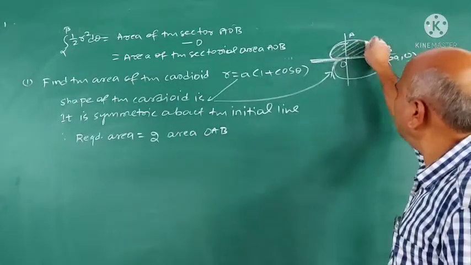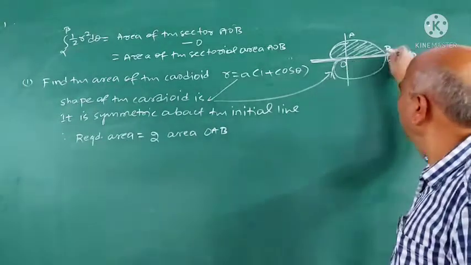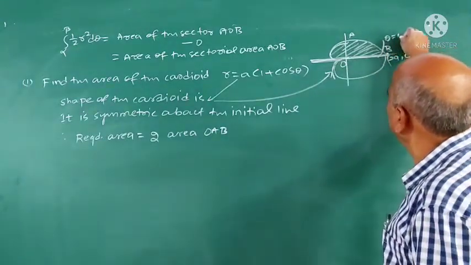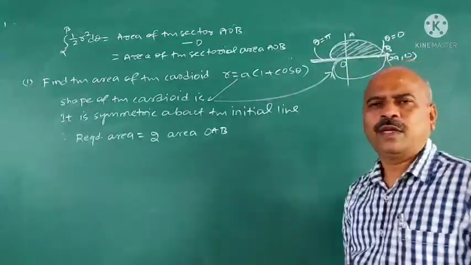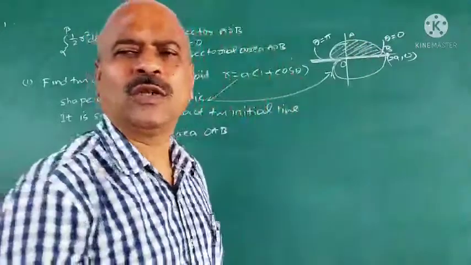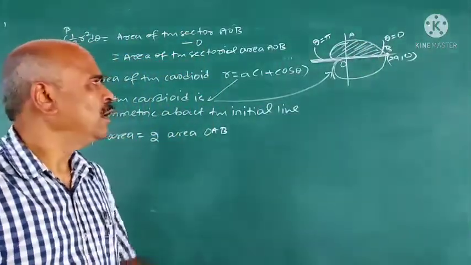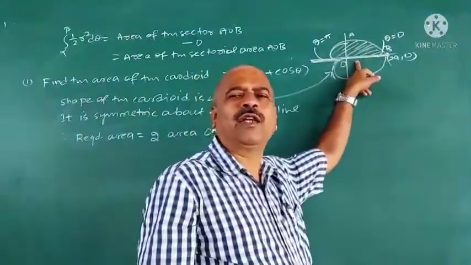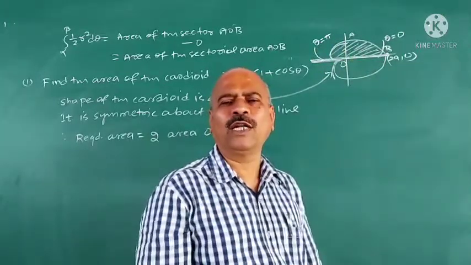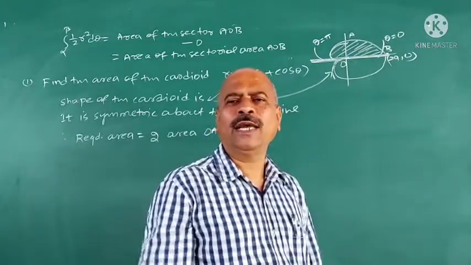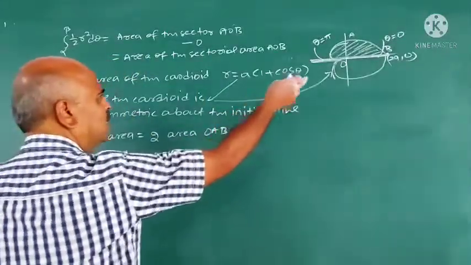The two lines bounding the area are θ = 0 and θ = π. So what are the limits of integration? Limits of integration are the angles of the lines bounding the area: θ = 0 and θ = π.